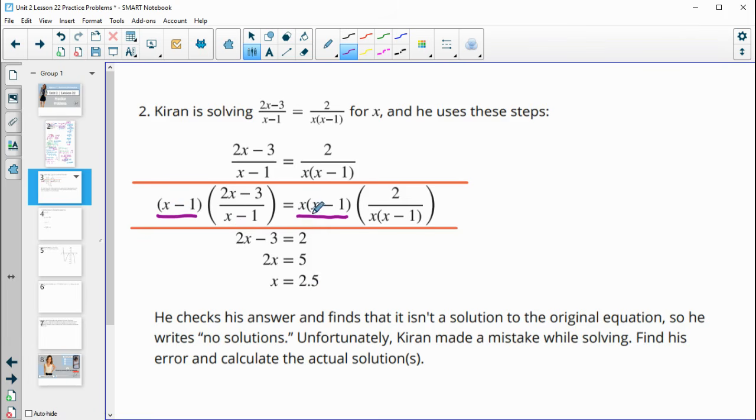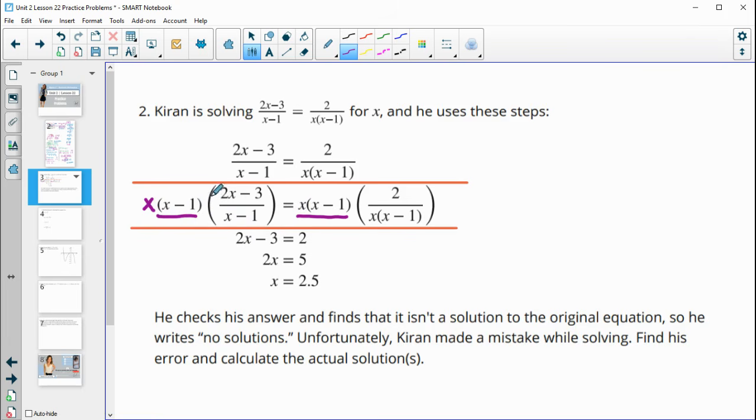So when he multiplied to both sides here, you have to multiply by the same thing. So he multiplied only x minus 1 to this side and x times x minus 1 here. So he has to multiply by x over here as well. Okay, you can't just multiply by different things.